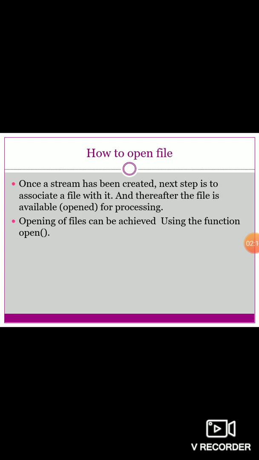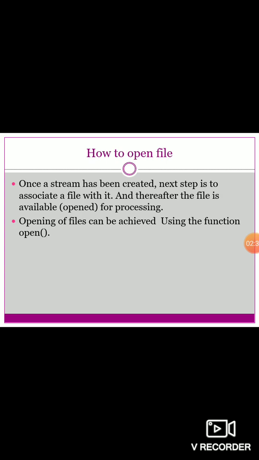The first operation generally performed on an object of one of these three classes, ifstream, ofstream and fstream, is to associate it to a real file. This procedure is known as opening a file.